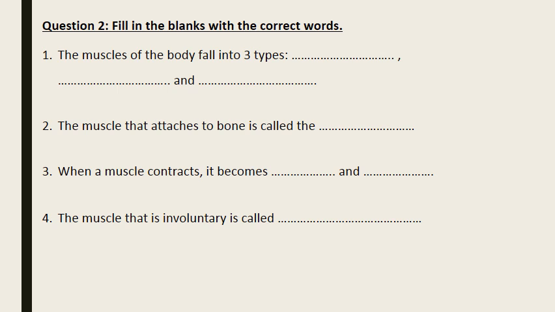Question 2 says, fill in the blanks with the correct words. So the muscles of the body fall into 3 types: smooth, skeletal, and cardiac.